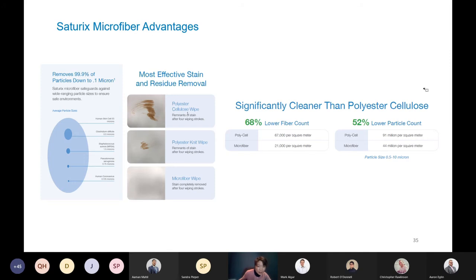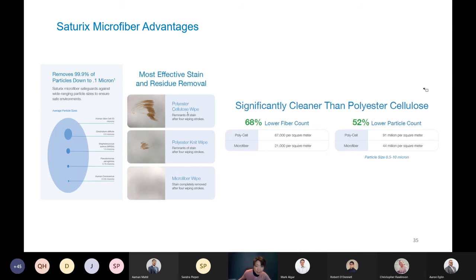As you can see, with polycellulose there's still quite a bit left on the surface. Polyknit is a lot better than polycellulose, but you can still see visibly there are remnants on the surface. And then this is the magic and power of microfiber wipes. Everything's gone after 4 wipes. And by the way, the size of the stain is the same for all 3 wipes, just to make sure we do an apples to apples comparison.